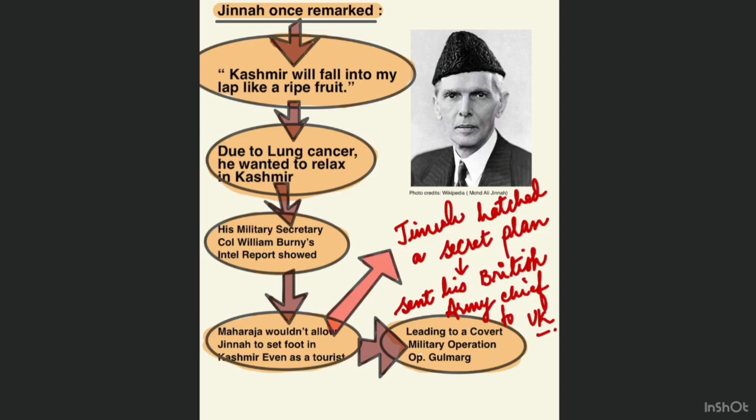But Muhammad Ali Jinnah was in for a shock. Not only did the Maharaja deny any such permission, he even had Colonel Burney say that Maharaja would not even allow you to set foot on Kashmir even as a tourist.